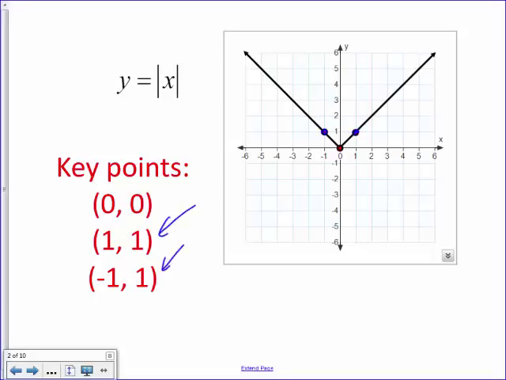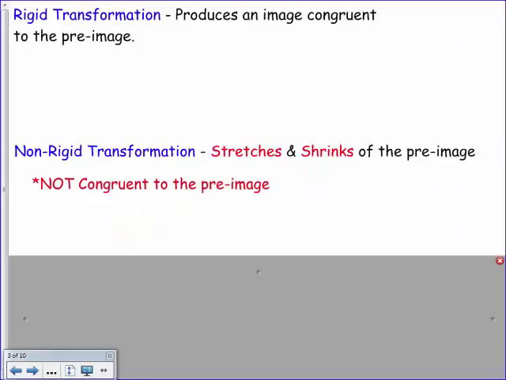That's going to help you adjust your absolute value graphs when you shrink or stretch them. Plus, if we translate them as well, we need to know that. If I plugged in 2, I'd get 2 as well, or -2, I'd get 2, and so on. But we need to know 1, 1 and -1, 1 for that parent graph. That's very important. So far, everything we've done has been rigid transformations because they produce an image that's congruent to the pre-image.